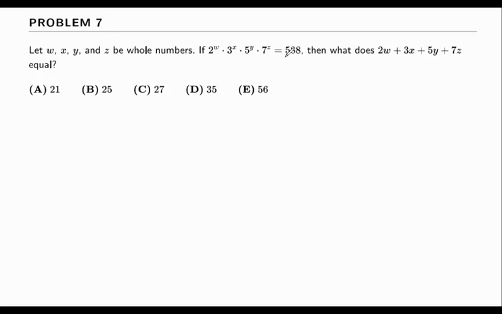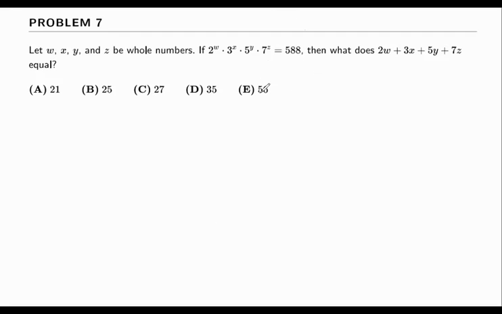Whenever you are trying to write any number as a product of powers of primes, we call that prime factorization. There are a couple of approaches to find the prime factorization of a number. Some people use a factor tree, but I don't really like it because it's long and you don't need it.